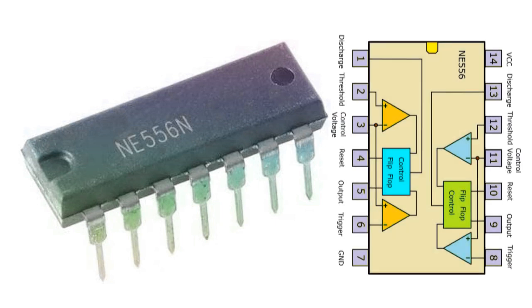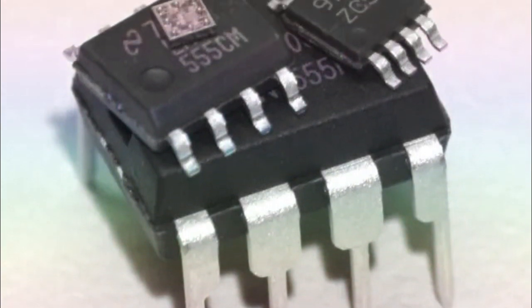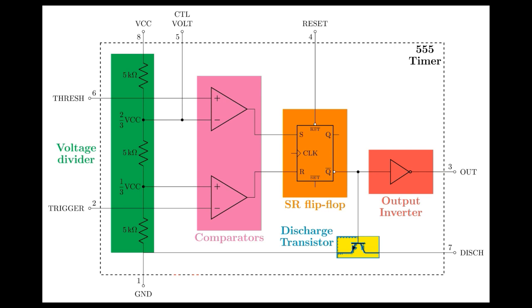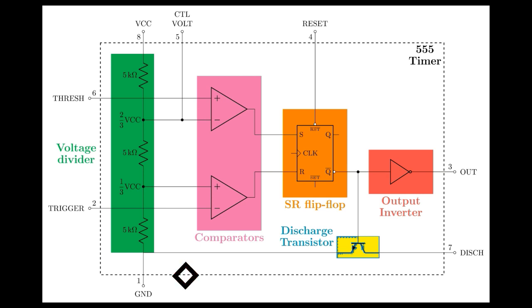Low-power CMOS versions of 555 timers, such as the 7555 and LMC555, that use MOSFET transistors are also now available. In the figure, you can see a simple diagram of the internal circuit of the 555 timer. Here is a brief explanation of each of its connecting pins to help provide a clearer understanding of how the 555 works.